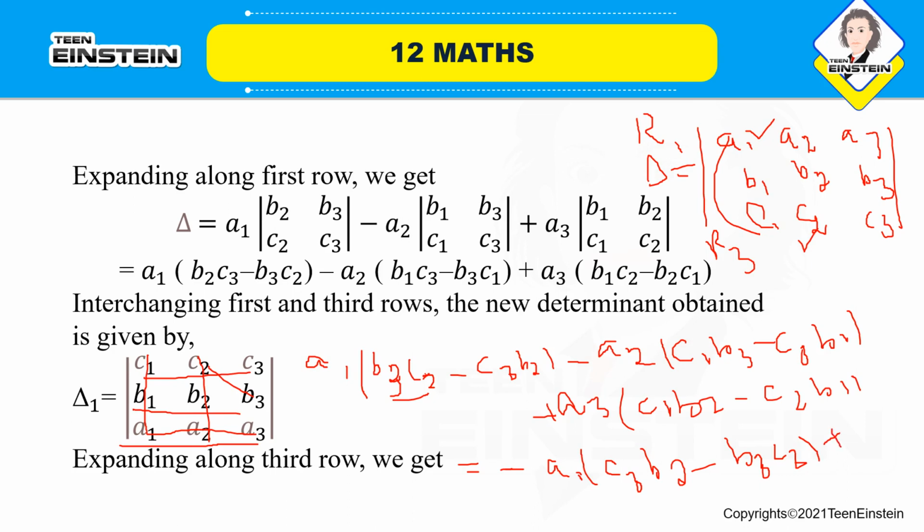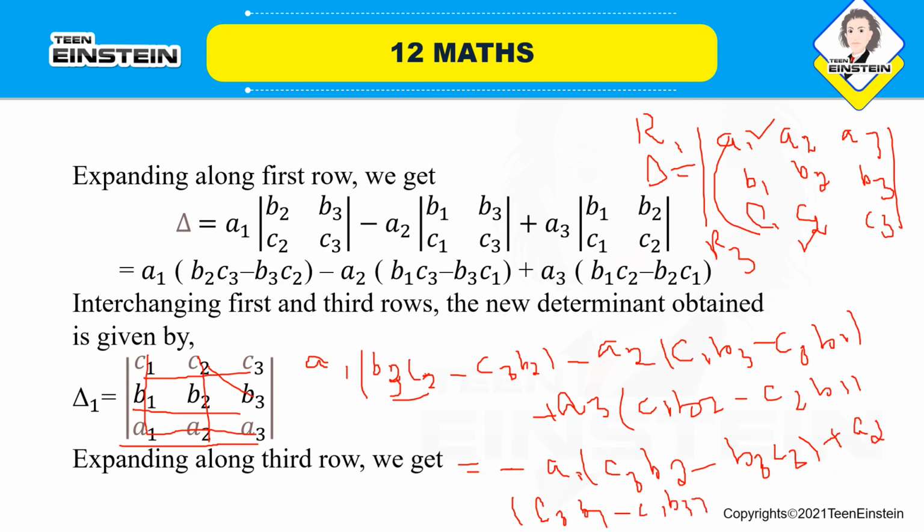And this becomes plus A2 when you take minus out. Minus of minus becomes plus, so A2 into C3B1 minus C1B3.